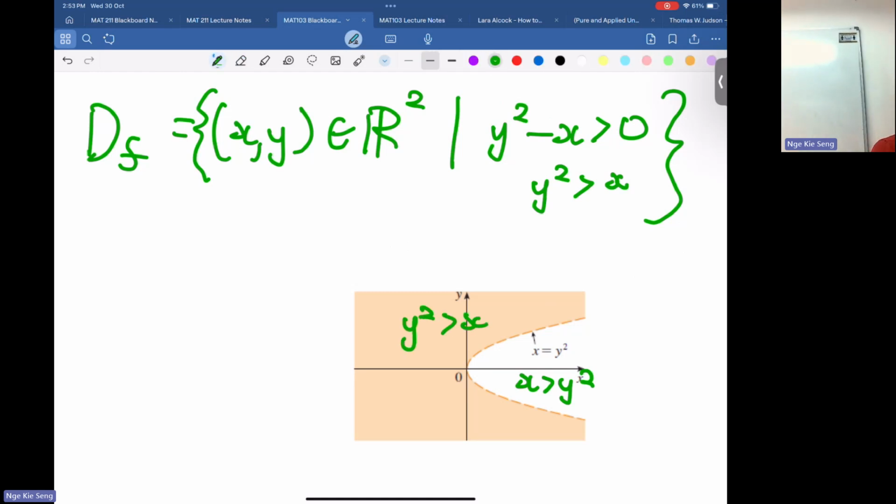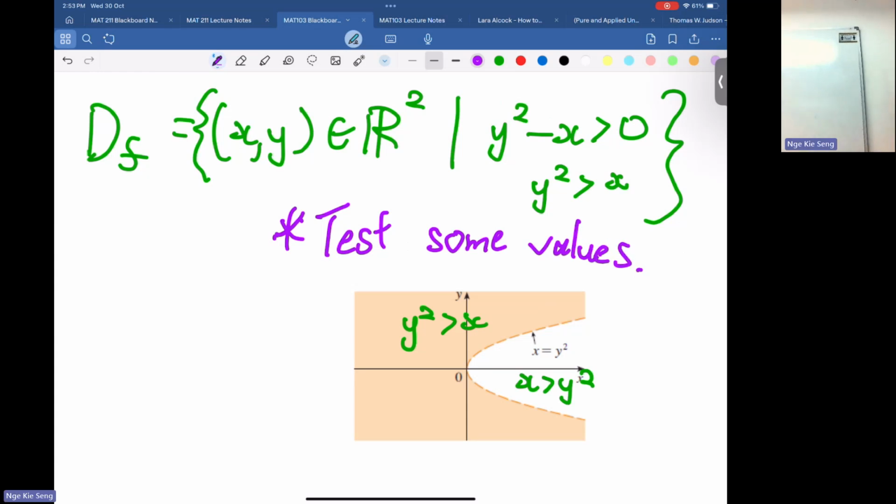Okay, so the principle that we say today is to test some values. Okay, but in our case, our curve is not tricky, so it's still okay. You just test values. In principle, we need to show it in general, but for this algebraic curve it should be fine.